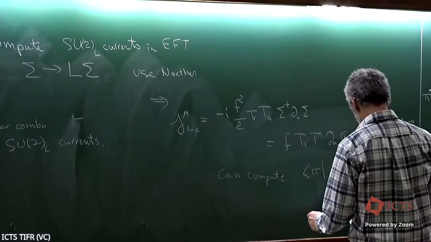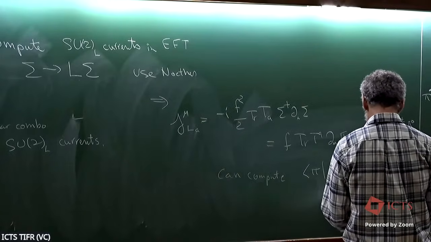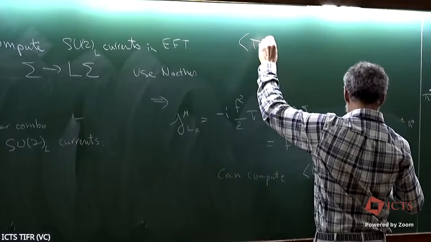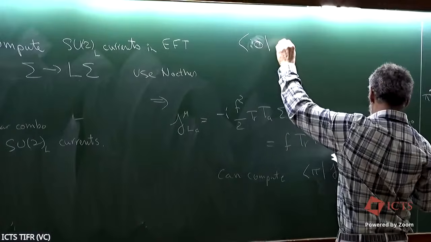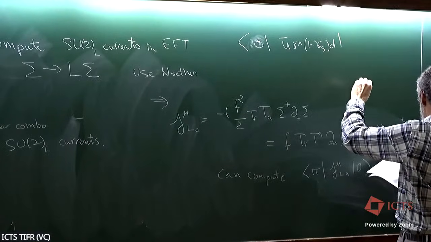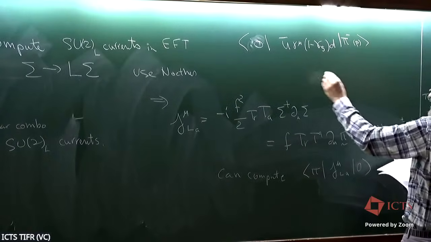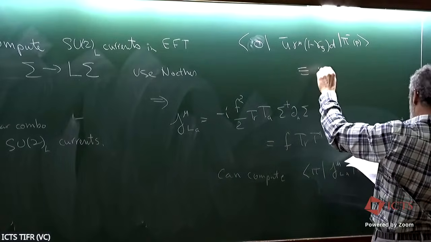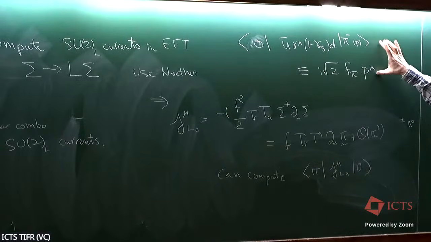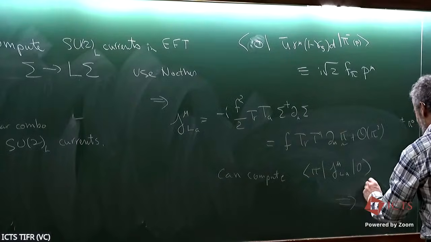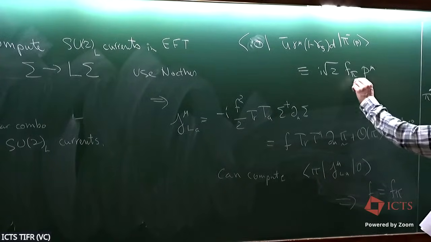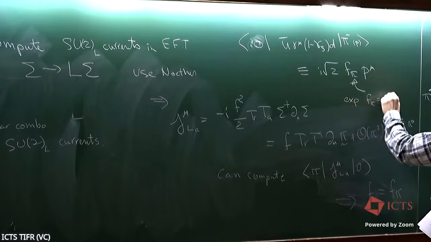And when you do that, this is defined to be, so if you define the matrix element between the vacuum, the current ū γ^μ (1 − γ5) d, and a π⁻ field with momentum P, if you define this to be i√2 F_π times P^μ, then you can compute this in the effective theory and you find that F equals F_π, which is why I called it F. Experimentally, this F_π is 93 MeV.